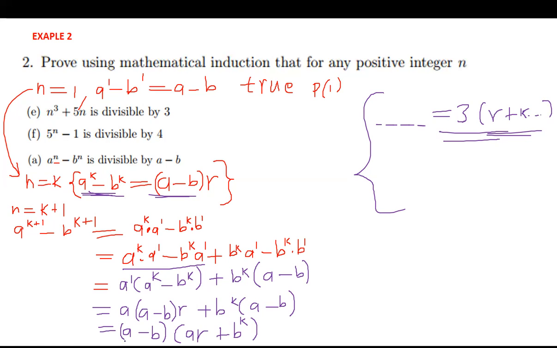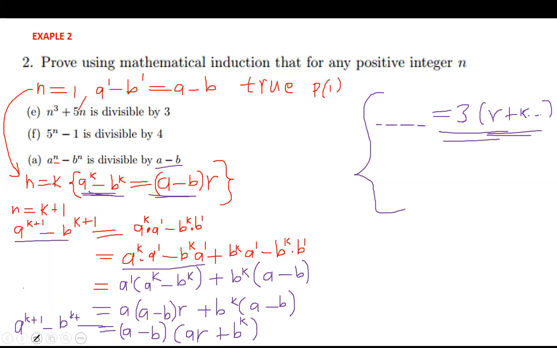We are able to factor out the a minus b, which implies that a minus b is a factor of this expression, because after simplifying a raised to power k plus 1 minus b raised to power k plus 1, this is what we found.